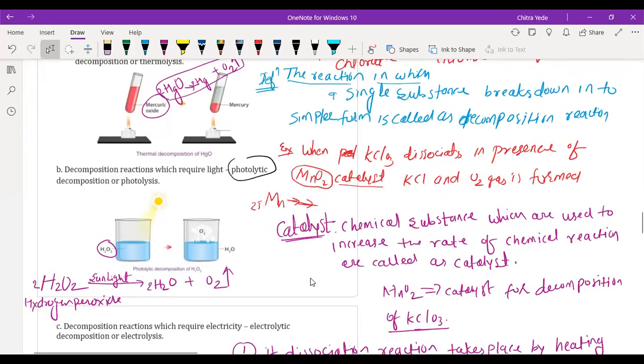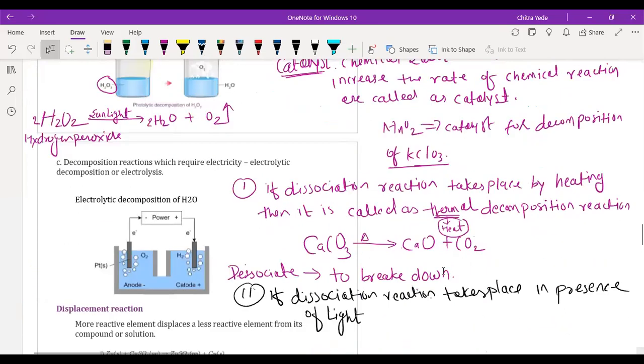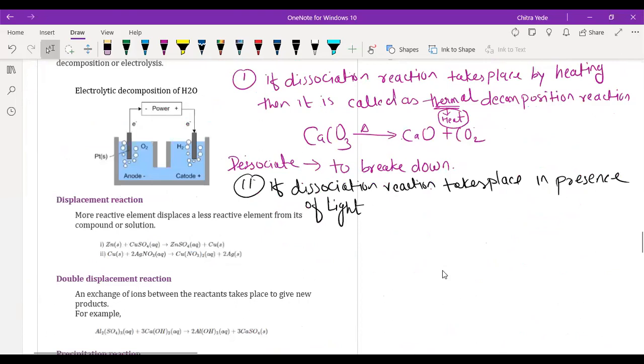Just remember, photo means light. So if a dissociation reaction takes place in the presence of light, or we can write here ultraviolet rays, UV rays, then it is called photolytic dissociation.